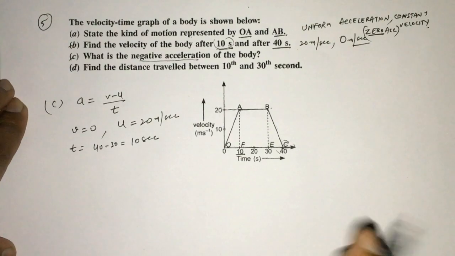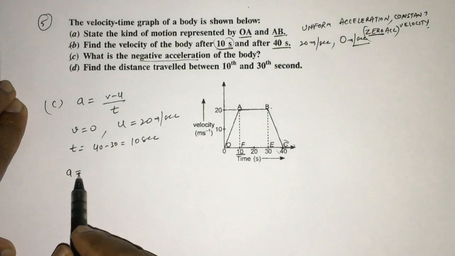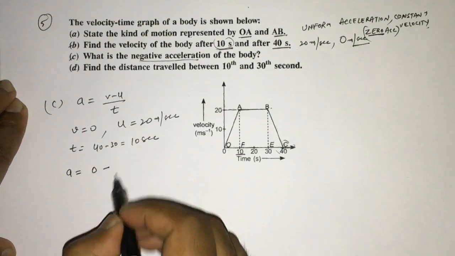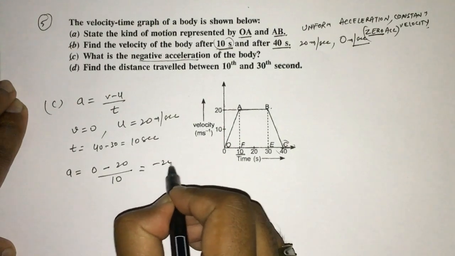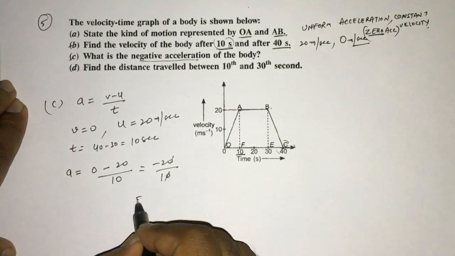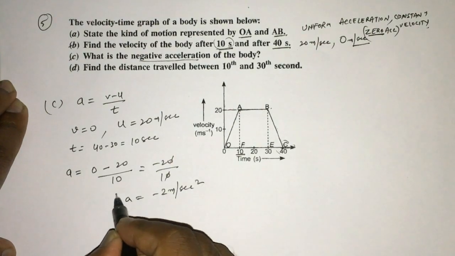Clear? Now, we have the formula a equals V minus U upon T. The value of V is 0, the value of U is 20 and the value of T is 10. So it becomes minus 20 upon 10. It will give you minus 2 meter per second square.